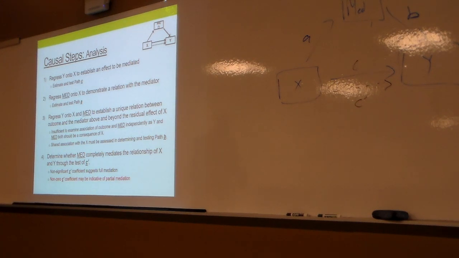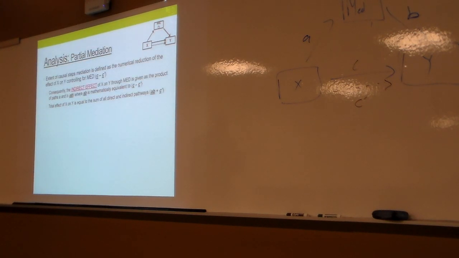But even if I still have a residual association, even if X continues to hold a unique relation with my outcome after accounting for my mediator, I might be able to make a claim for partial mediation, okay? And this is where things get a little bit tricky. Through this series of causal steps, remember Baron and Kenny are saying what we need is a significant reduction from C to C prime.